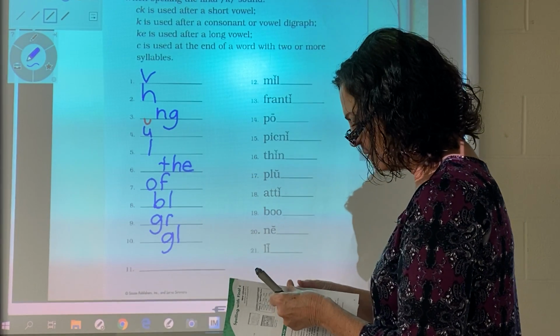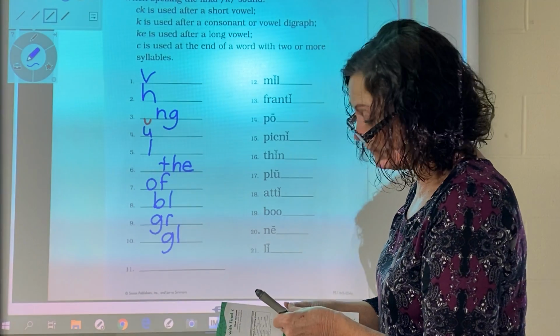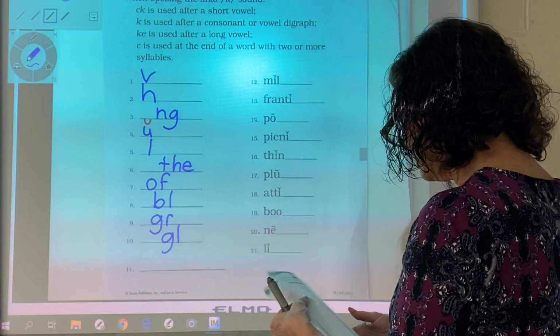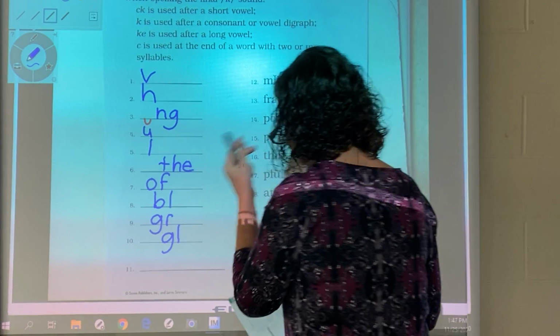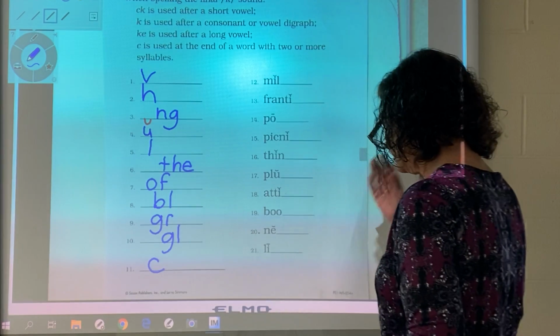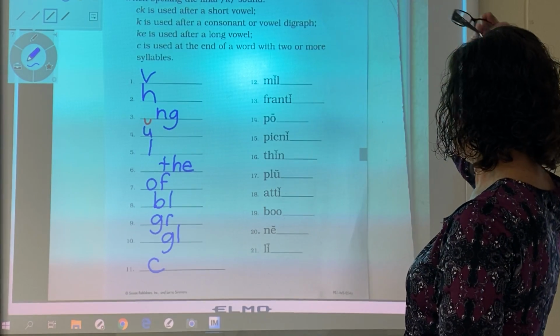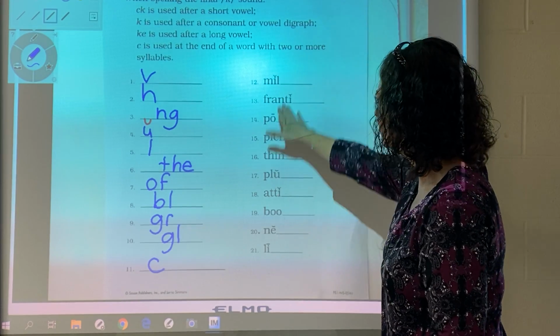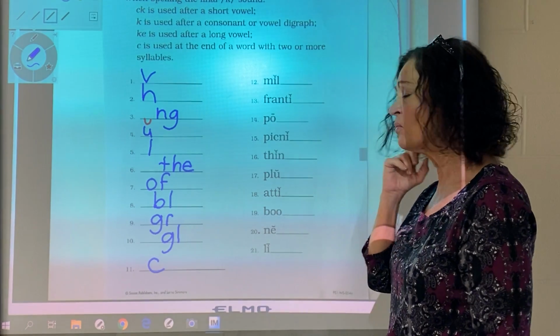Okay, so the and of, sight words, we've got to start writing those. Pretty soon, if we ever get back into school full time, we're going to have spelling tests. Let's see what they want me to write. Okay, today we learned about C at the end of a word. And over here, this is what you'll be doing on your worksheet in Seesaw as well.